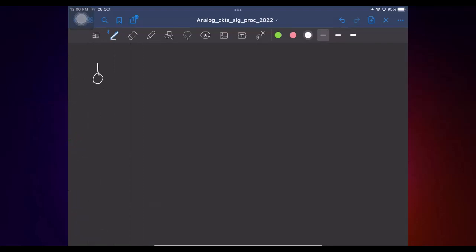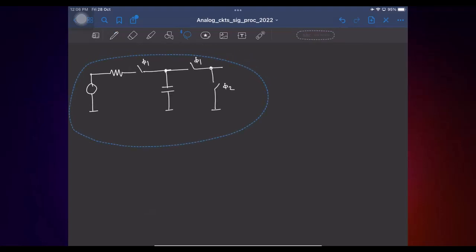Let's say I consider this LPTV network. This is phi 1, and phi 2. What does this do? It was the single path for the band pass filter, right?